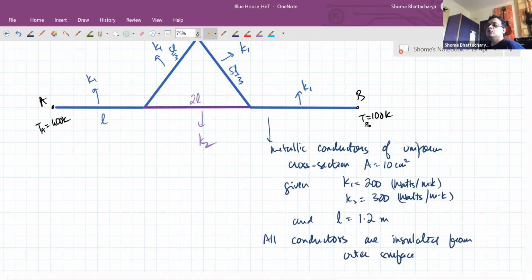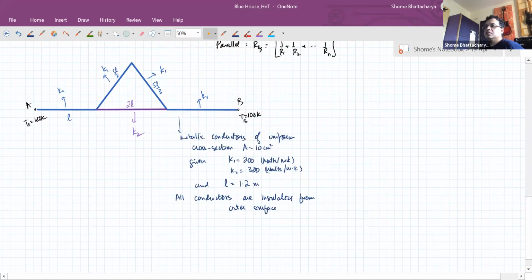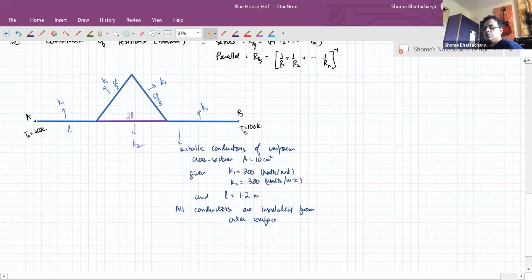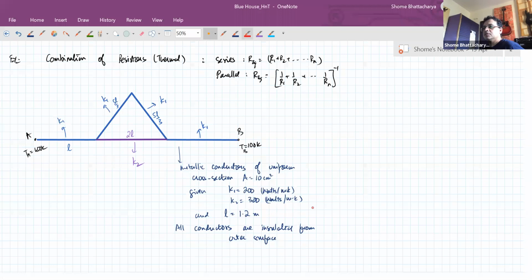Okay. So we want to find the equivalent thermal resistance between A and B. So this is just like a circuit problem actually. So whether you're doing this type of problem in current electricity later or in this chapter, the methods will be the same.